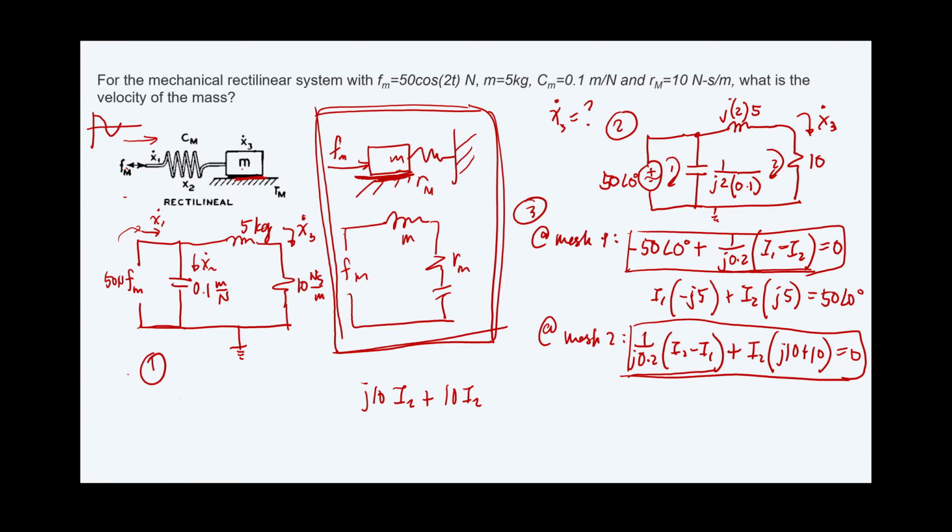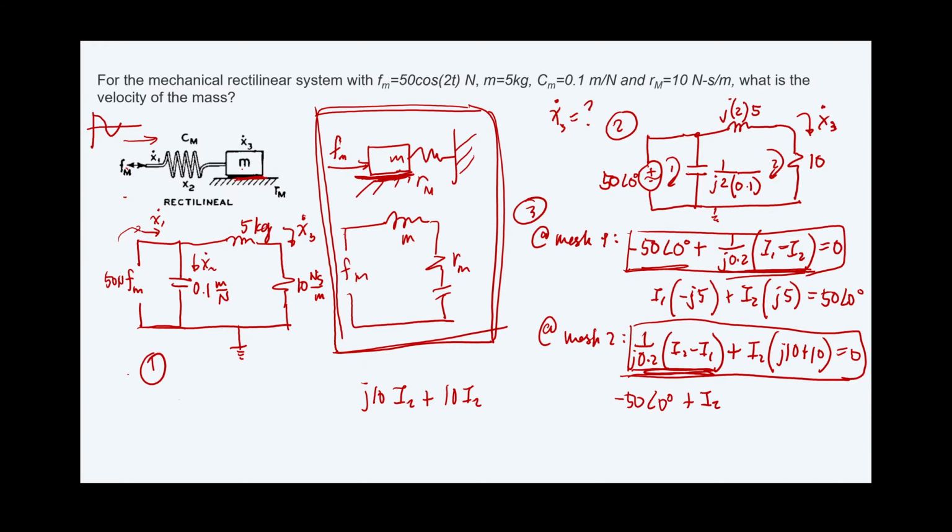But here it's obvious that we can directly add them, and then what remains is I2. If we add, this one is negative 50 angle 0, and the two terms cancel each other, so plus I2.